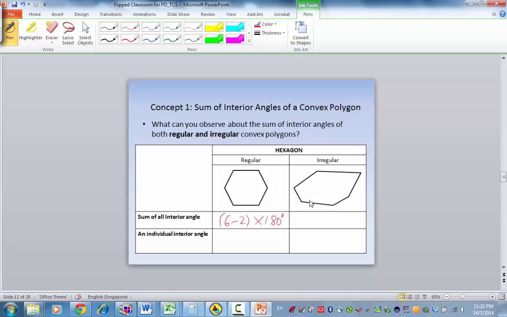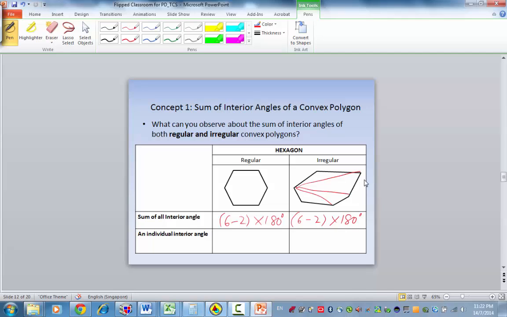How about the irregular six-sided polygon? It will still be, number of triangles formed will be 6 sides minus 2 times 180 degrees.